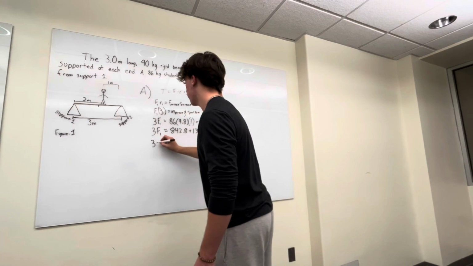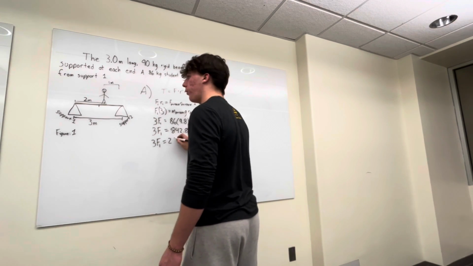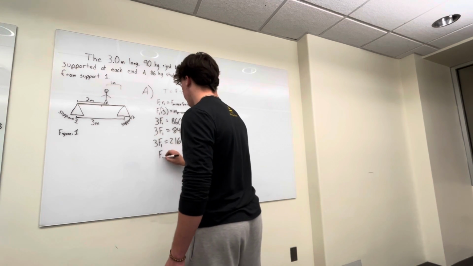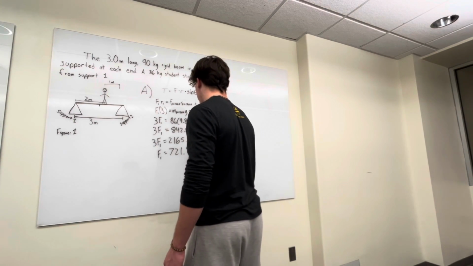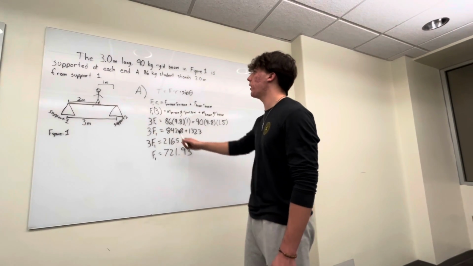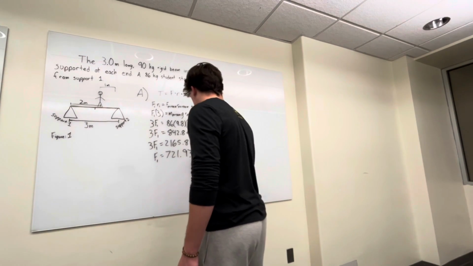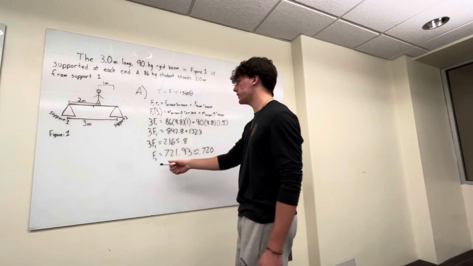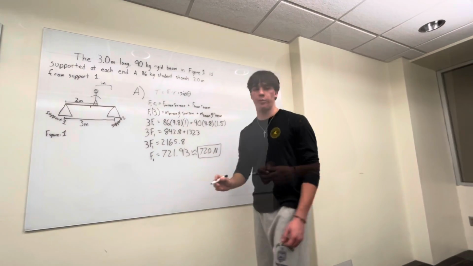Add those together, 3 times force 1 is equal to 2,165.8, which leaves force 1 to be equal to 721.93. Then we've got to remember, last step, to use sig figs. So see here that we need 2 sig figs. So you can say that is approximately equal to 720. Remembering our units here, we have force, so newtons. And that is the answer to part A.